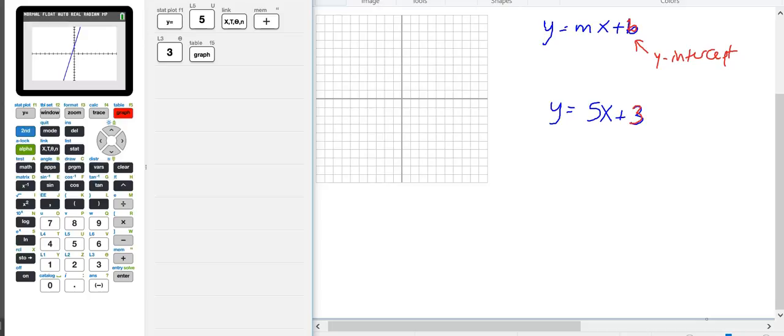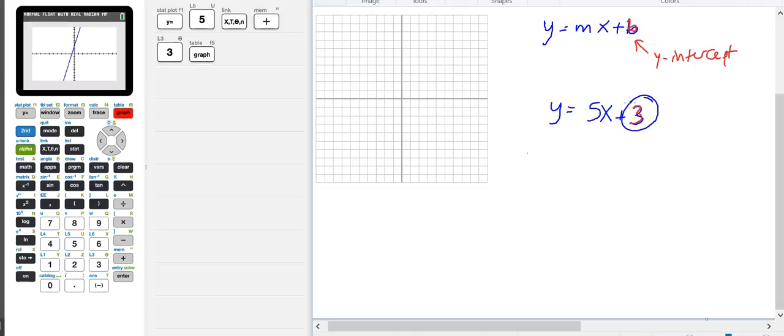And if you count on the y-axis, 1, 2, 3, you'll see that the graph crosses the y-axis exactly at 3. And this is going to be true whenever we have a line that we're graphing, the y-intercept will always be this constant number. But let's say your equation is not in y equals mx plus b form.